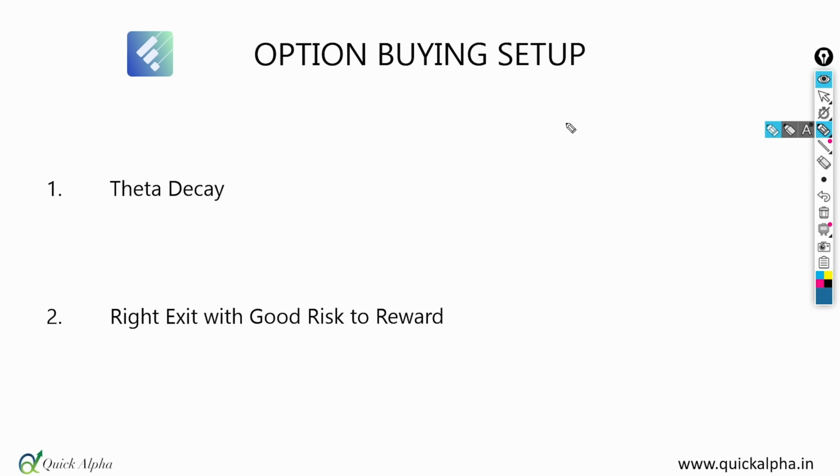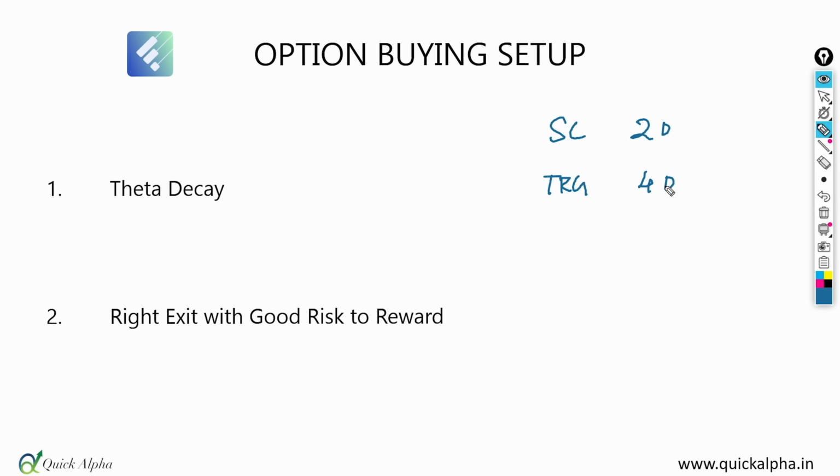In this example, let's take an SL of 20 rupees. That means we should be looking for at least a 1:2 target, otherwise we do not have good risk to reward. Anyway, we are entering an option with momentum and keeping a 20-point SL, so our target should be at least around 40 points, right?